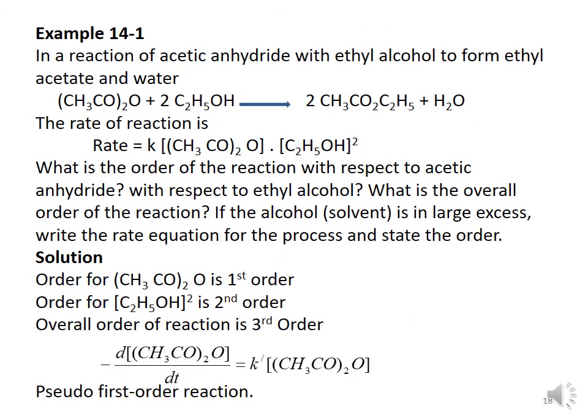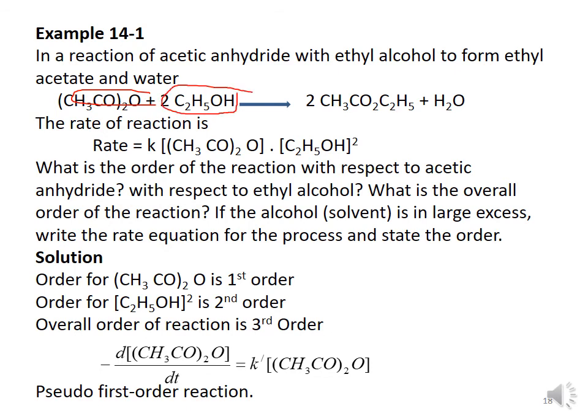This is an example of a pseudo order reaction: a reaction of acetic anhydride with ethyl alcohol to form ethyl acetate and water. This is the acetic anhydride, and 1 molecule of acetic anhydride reacts with 2 molecules of ethyl alcohol.